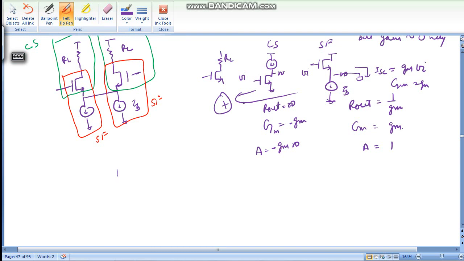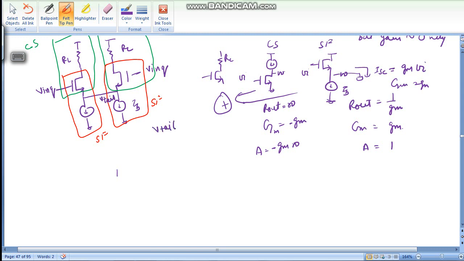In this source follower, V tail is decided by input bias or input quiescent point.